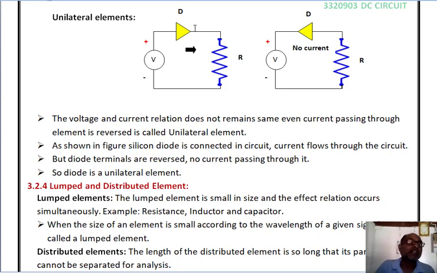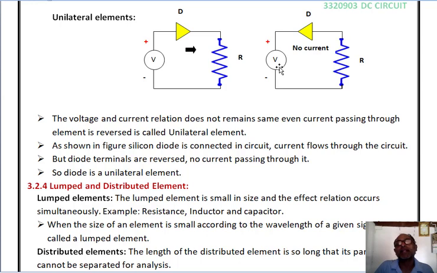That means it is in forward bias. In the other case the anode is negative and the cathode is positive. That means it is reverse bias. Let us see what will happen. When the voltage across this diode is greater than 0.7 volt, or the breakdown voltage of this diode, current starts to flow from higher potential to lower potential.